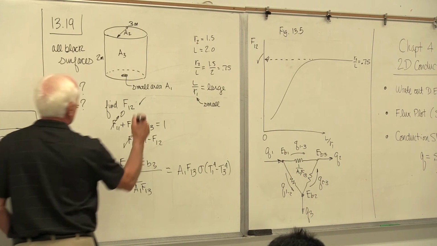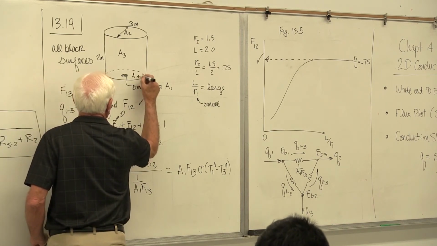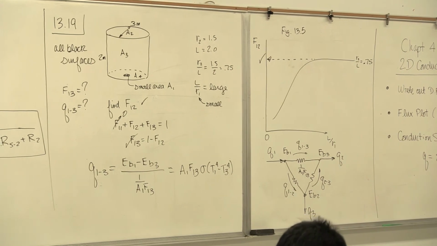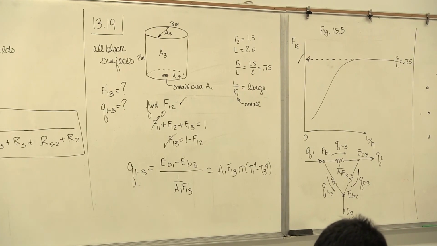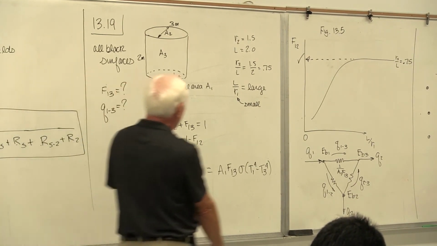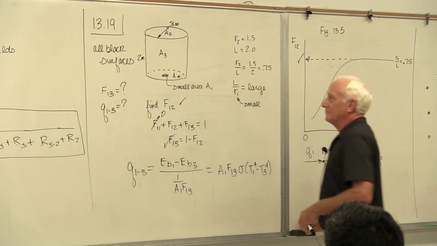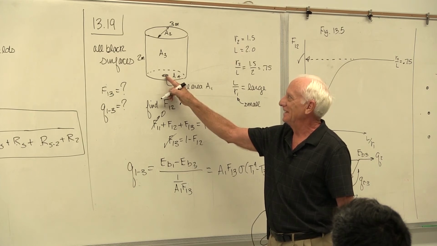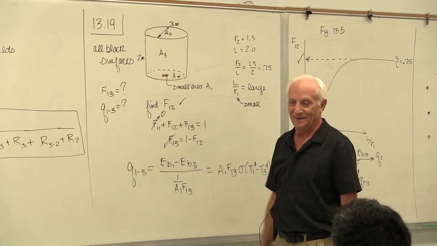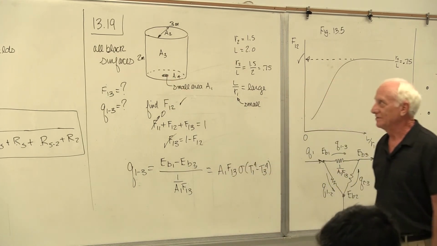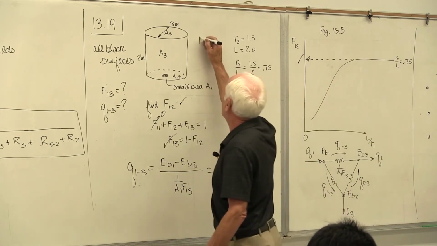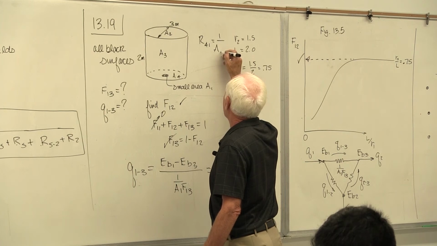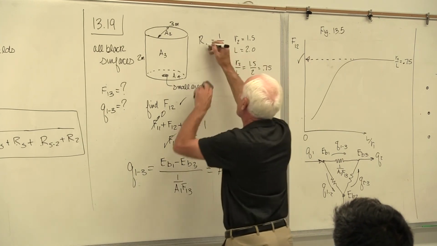I don't know, where's area 4? I call that area 4. Does it play a role anymore? Not right now. Now the radiation leaving here gets to 4. So what's the resistance? 1 to 4, pardon me.